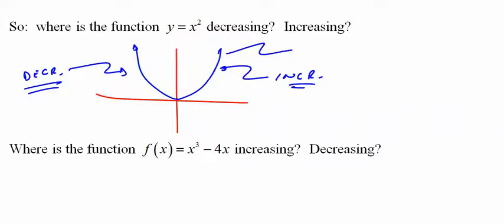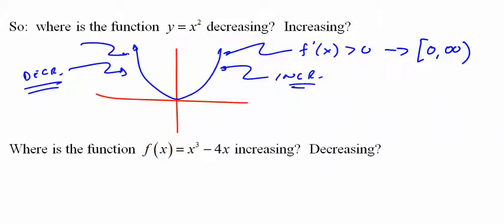And like we just said, f prime of x is greater than 0, and that would be on the interval 0 to infinity. Notice infinity is not closed because you can never actually get there. Over here, f prime of x is less than 0, and that's on the interval -infinity to 0.